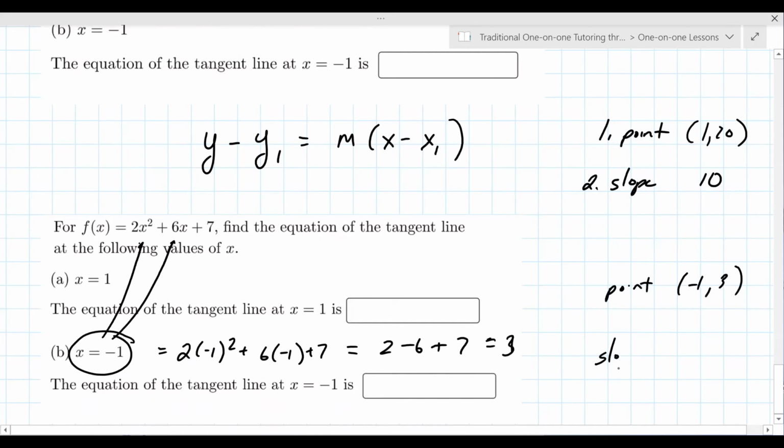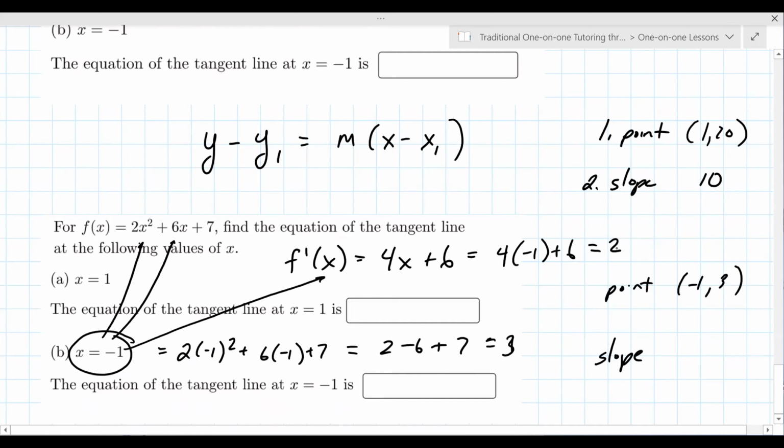We need our slope. The slope comes from the derivative. The derivative is always the same, but this time you have to put -1 in for the derivative. So 4 times -1 plus 6, that's 2. So your slope is 2. Again, you need a slope and you need a point. So it's y minus y1, your y1 is 3, equals your slope 2, times x minus x1.